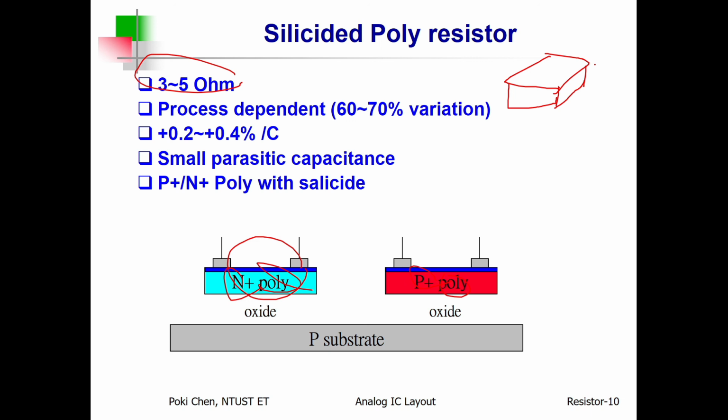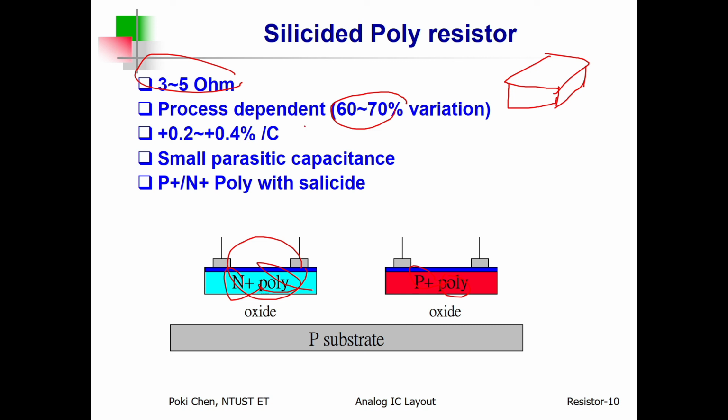So for such kind of N+ or P+ poly, the sheet resistance is 3 to 5 ohms. The process dependence is about 60 to 70% in variation. I have no idea whether or not this figure is correct, but to my memory, at least around 30 or 40% in variation. All right, maybe not so large, but at least tens of percent for variation. It's quite huge.